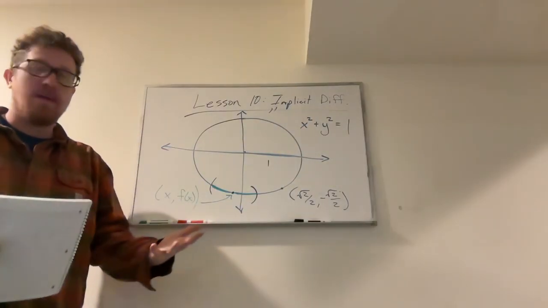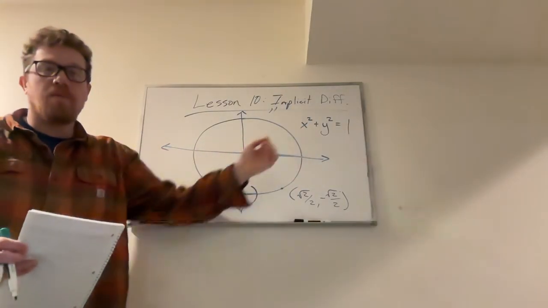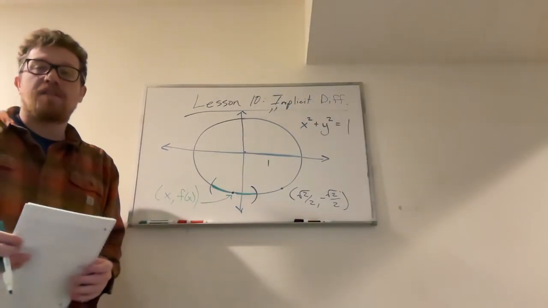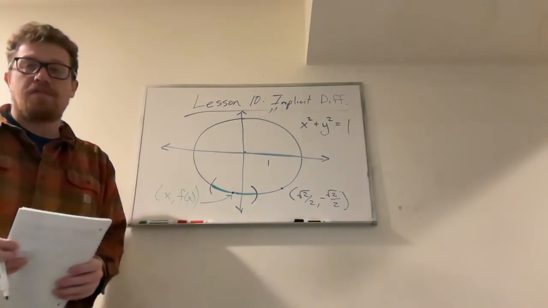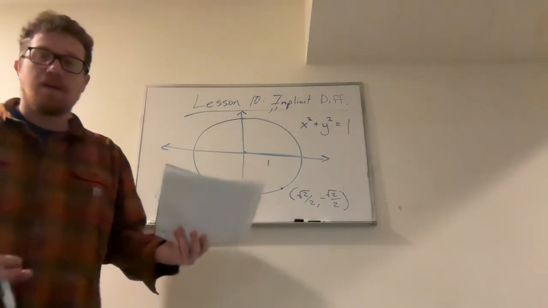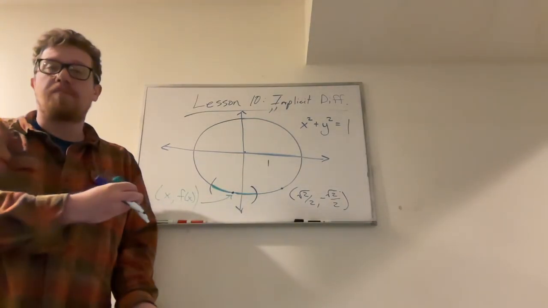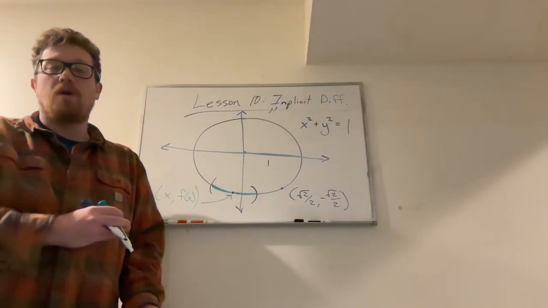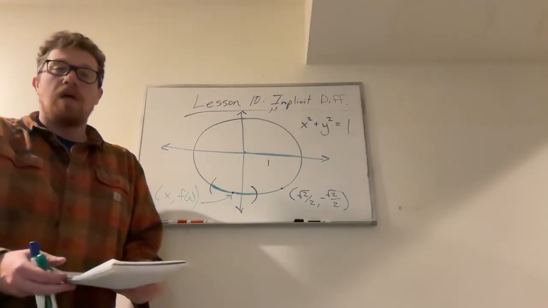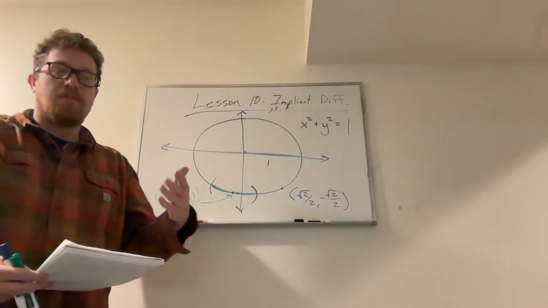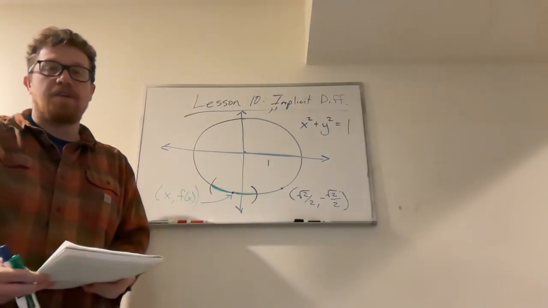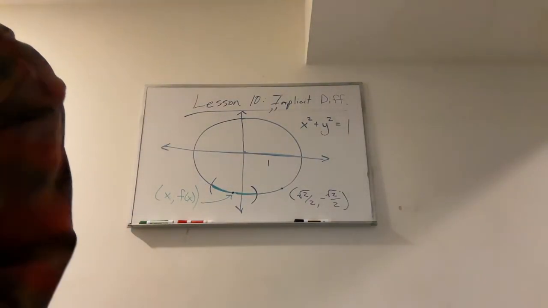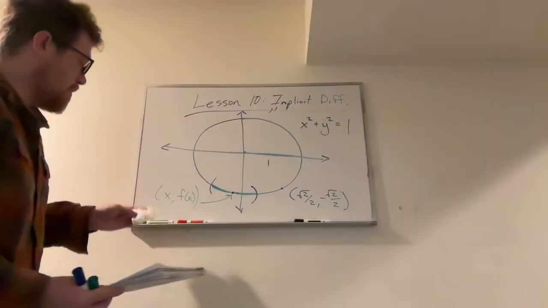It's implied by the relation, but since abstractly this function must exist, what would the derivative be at these various points? So this is a common thing in calculus. You have some relationship between your variables, but you don't necessarily want to solve for one in terms of the other and get a function. But you still want to know some sort of rate of change information, some sort of derivative information. Okay, so circle, pretty common relation.